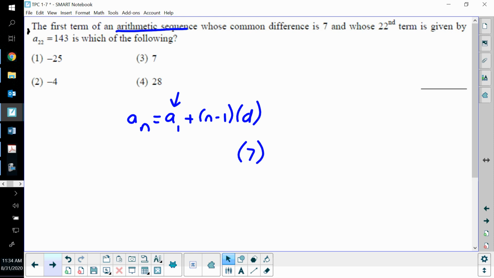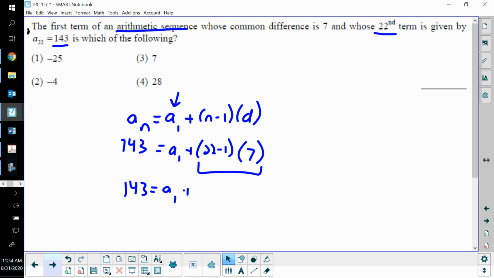The 22nd term, so that's our N. We don't know A1, and the value of that 22nd term is 143. Well, now we just need to solve for A1. If we do out that part, we get 147. And if we subtract that from both sides, we get negative 4 is our A1.